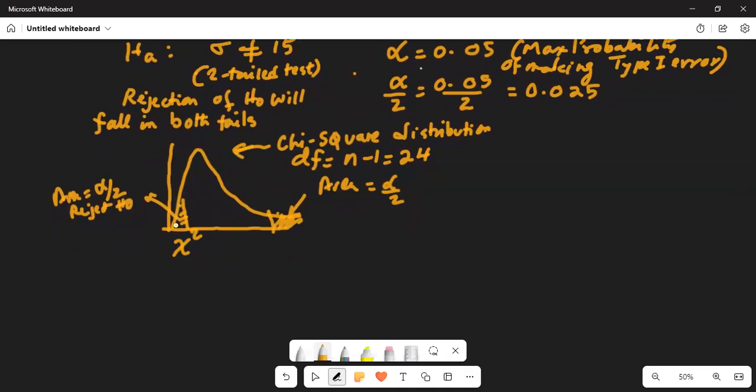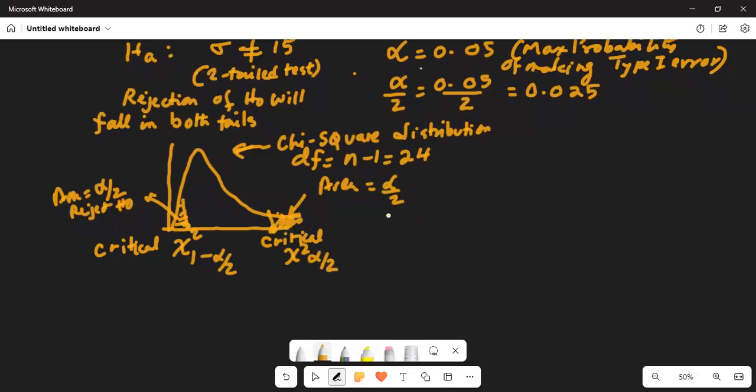From that, if I take out alpha by 2 on the left, the area to the right of this critical value, the critical chi-square on the left, is chi-square 1 minus alpha by 2. This is also a critical value, indicated by chi-square alpha by 2, where the area to the right of it is alpha by 2.